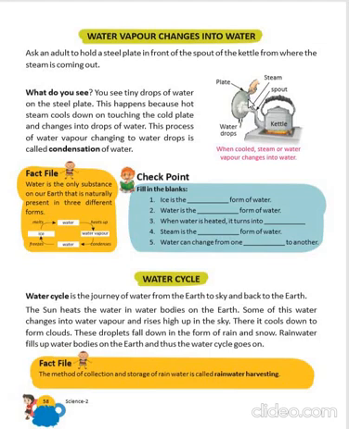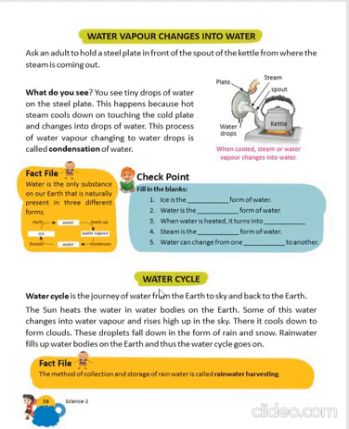This happens because hot steam cools down on touching the cold plate and changes into drops of water. What is this process called? This process of water vapor changing to water drops is called condensation of water.